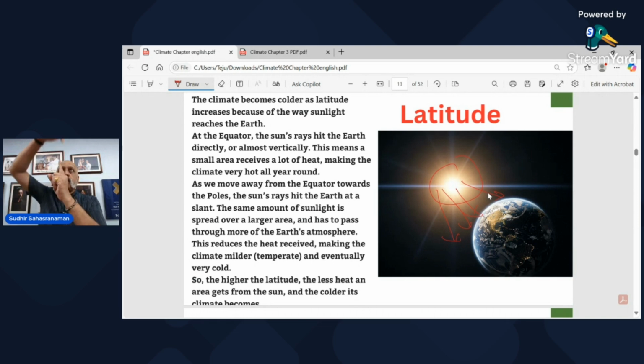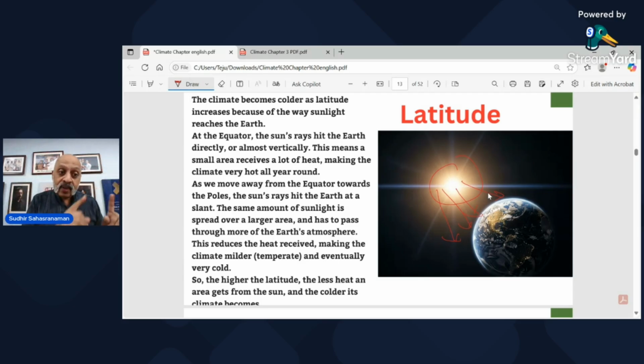If you are standing here and there is a bulb out here, the bulb's light on my head will be the sharpest, right? But if there is a bulb kept here, it is going to hit me at an angle, right? From here or here, the rays won't be as sharp as it is here. From here, it will be at a different angle.